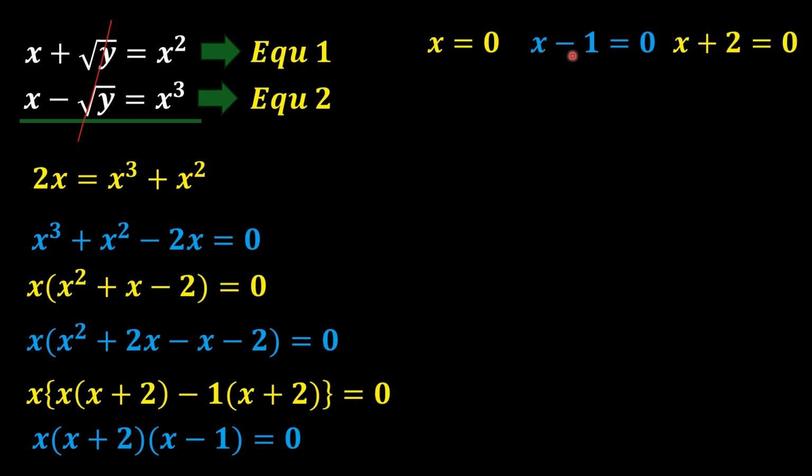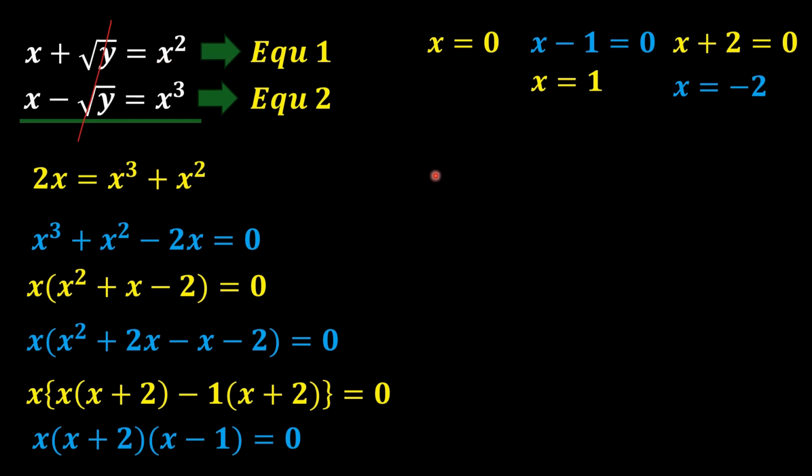Simply this minus 1 will go to the other side of the equation and convert into x is equal to 1, and this plus 2 will go to the other side of the equation and convert into minus 2. So here we find three values: x is equal to 0, x is equal to 1, and x is equal to minus 2. We should insert one by one the value of x inside equation number 1, and we should get the value of y.